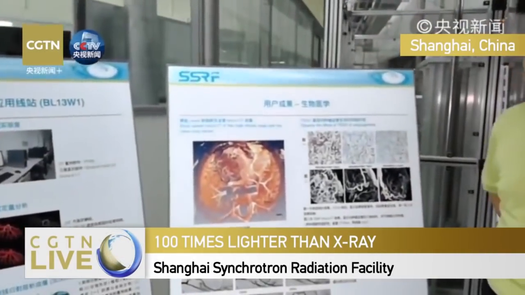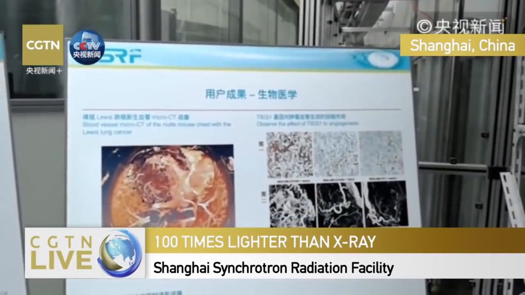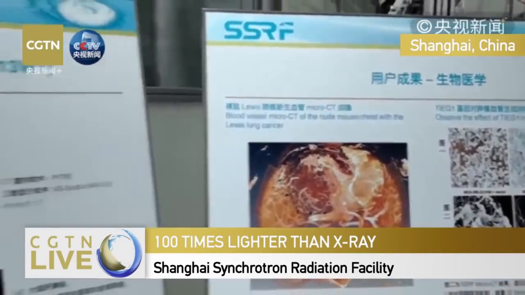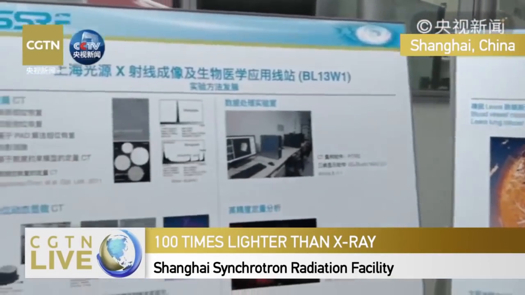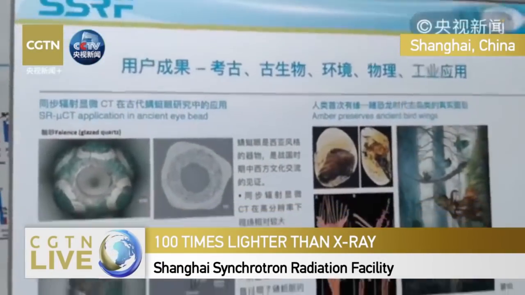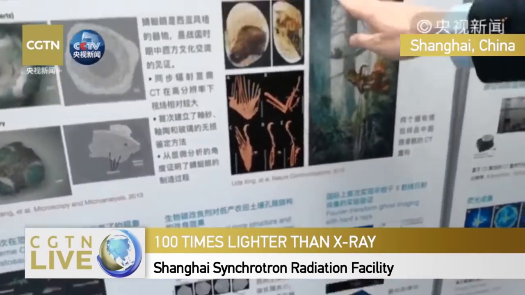So this is biomedical imaging. We use this synchrotron radiation so we can have higher definition and a clearer view. And here we can also see environmental applications and applications in physics.